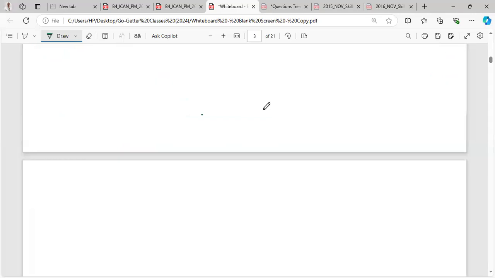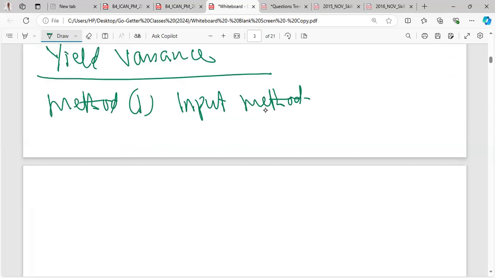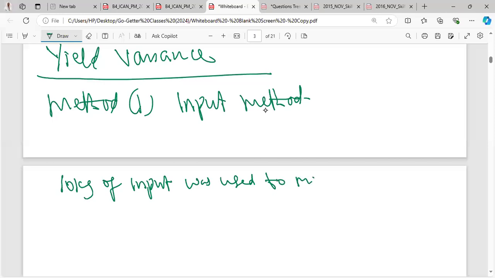Okay, we know that 10 kg of input was used to make 1 unit of output.